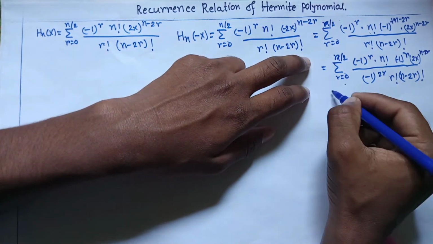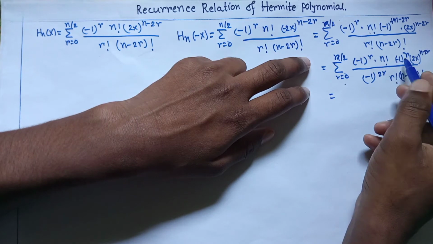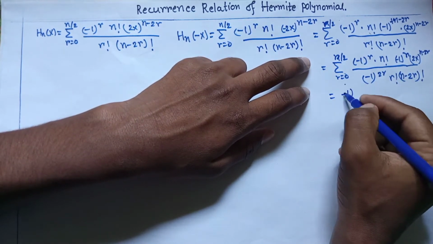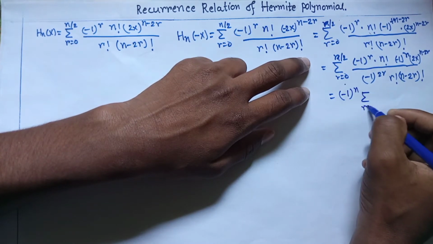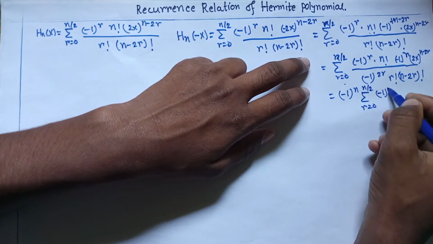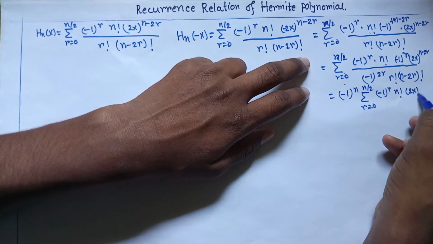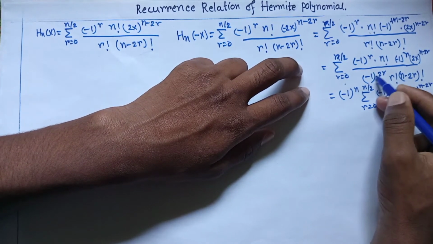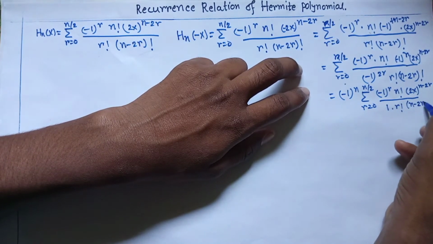Then we can write minus 1 power twice r is nothing but 1, and minus 1 power n we can write outside: minus 1 power n, summation r equals 0 to n upon 2, minus 1 power r factorial n, 2x power n minus twice r divided by factorial r into factorial n minus twice r.